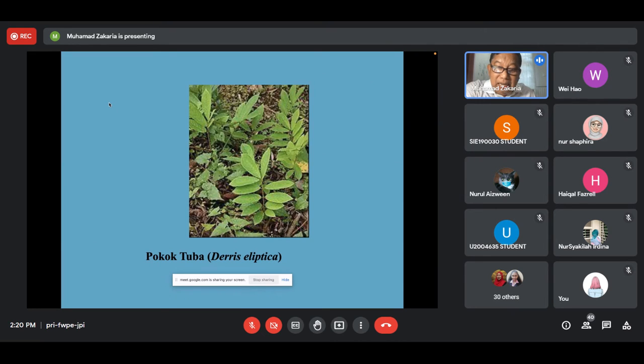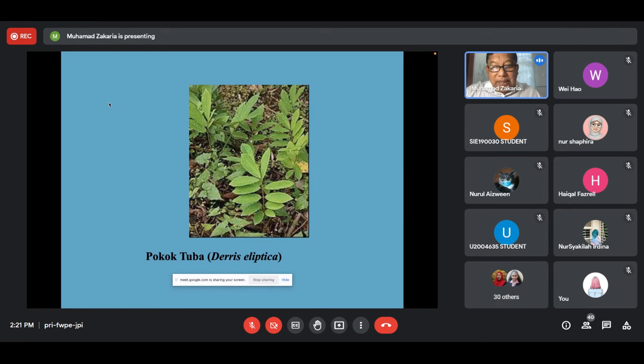This plant contains rotenone. If you have this plant, you can find it very easily in Malaysia, where if you put it in water in the river, the fish will get suffocated, because the rotenone will block the electron transport chain in the fish through the gills and result in difficulty in respiration.